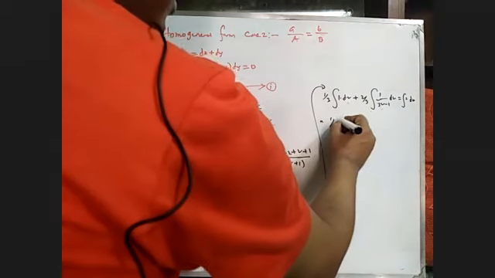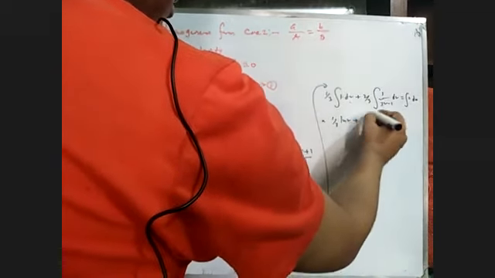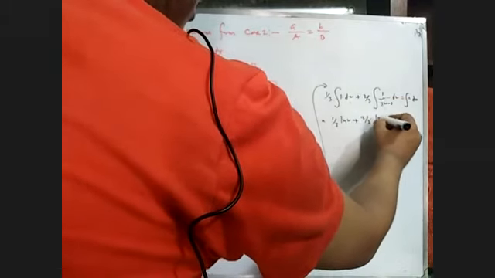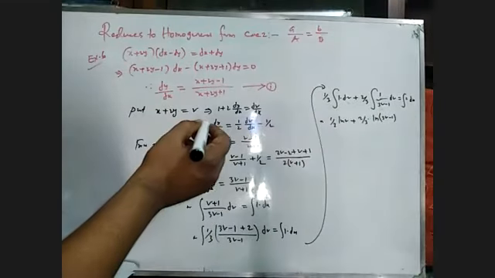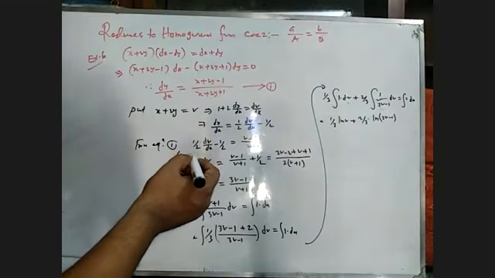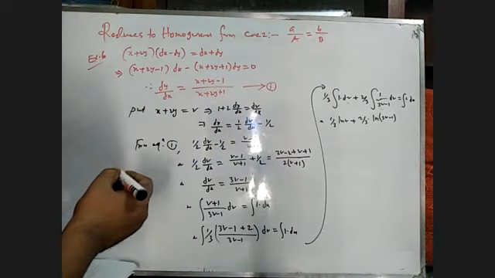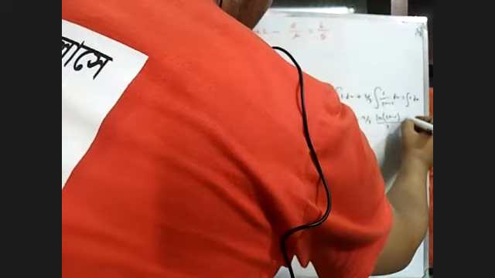So 1 by 3 ln b and 2 by 3 ln (3b minus 1), but dividing with the coefficient of b, which is 3.